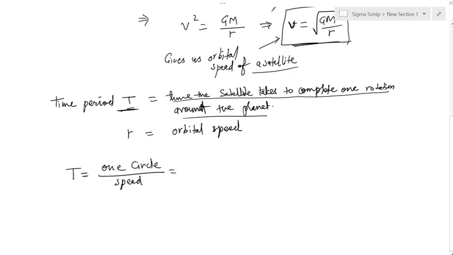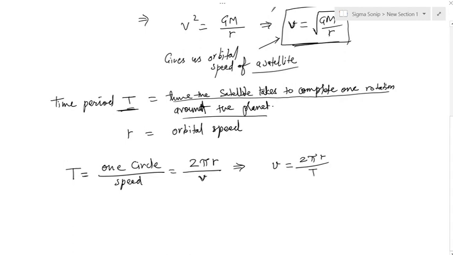When the satellite goes around in one circle, it has to travel that much distance, and its velocity is v. So we can reorganize it and say v is equal to 2 pi r over t.